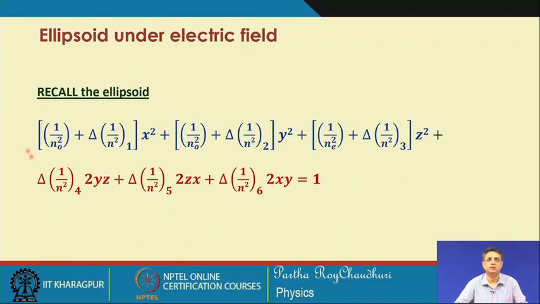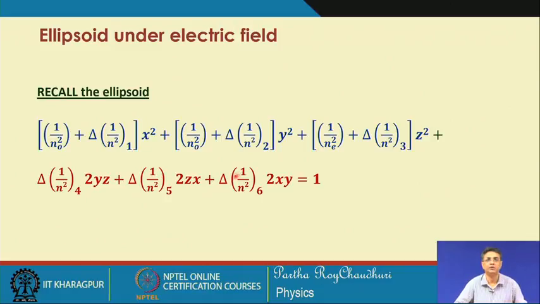Okay, so, let us recall the index ellipsoid under the electric field. You have these changes in the impermeability, with the square terms and these with the cross terms. So, I have considered all the 6 terms.